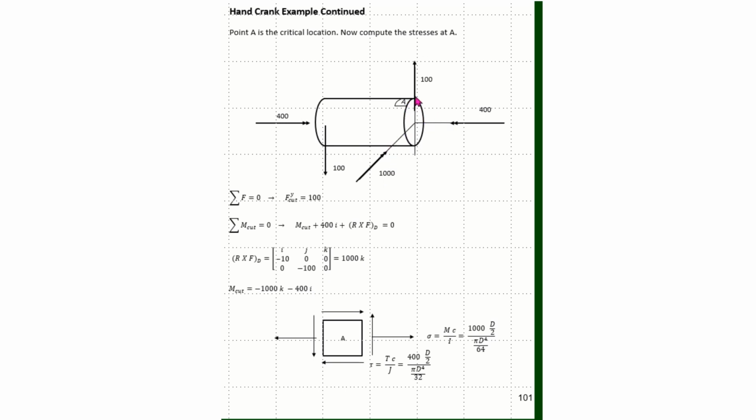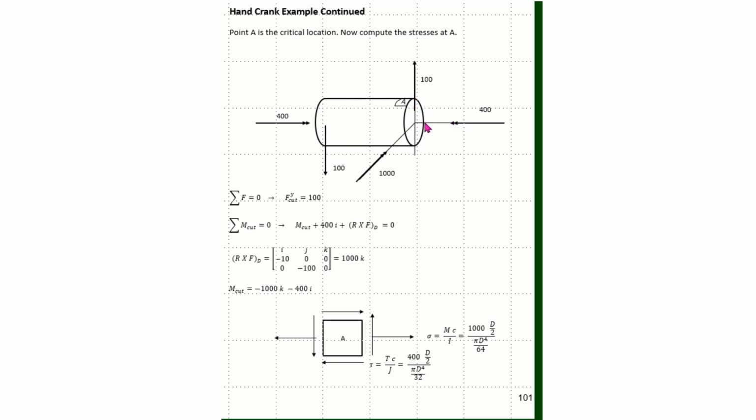Now to look at element A, which is top of the shaft, I can ask myself what stresses occur there. I can see that the 100 will pierce through element A, so it doesn't do anything to the stresses on the top.